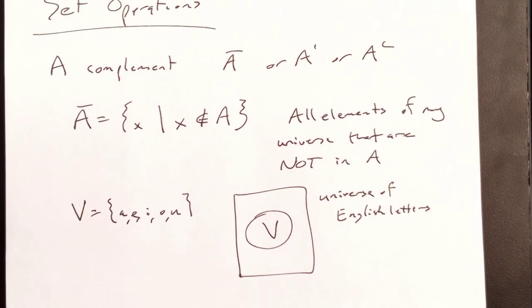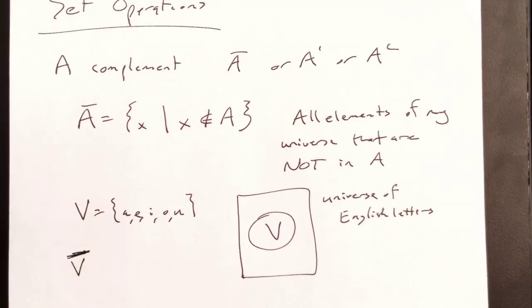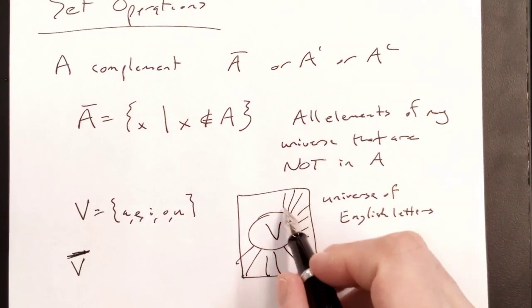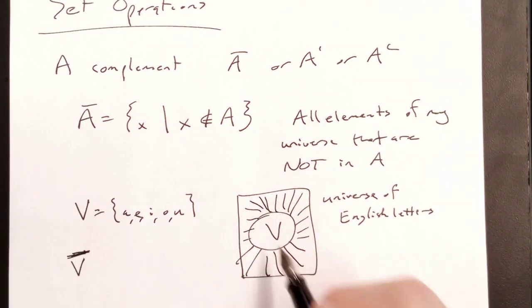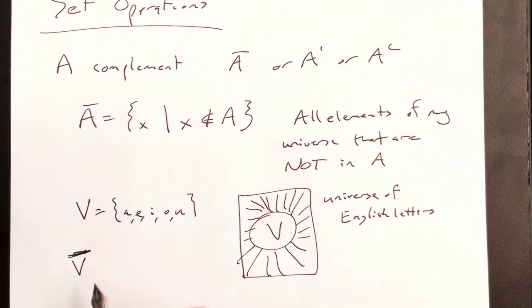Well, then V complement, it's a bar, not an arrow, sorry. I got caught up in vectors, wrong class. V complement is everything outside. All the letters that are not vowels. Wait a minute, we have a name for that set. What do we call the letters that aren't vowels? Presto.